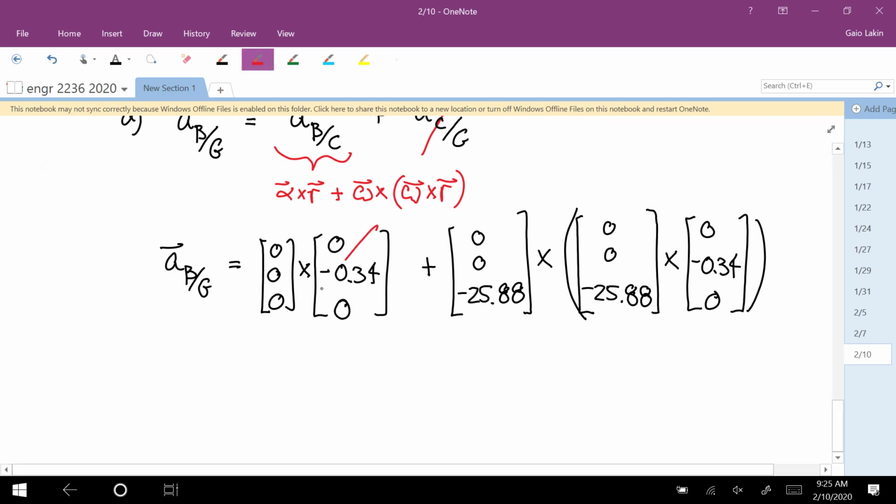This one goes away. This one is negative 8.800.